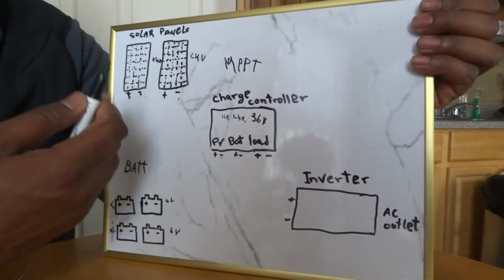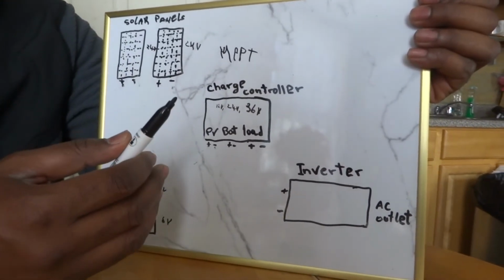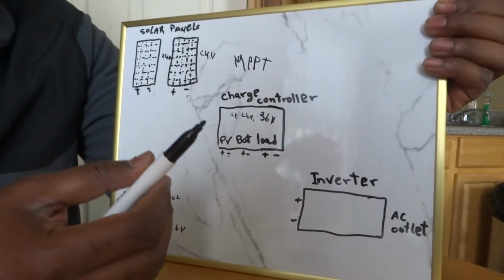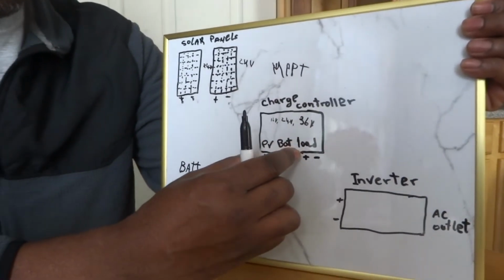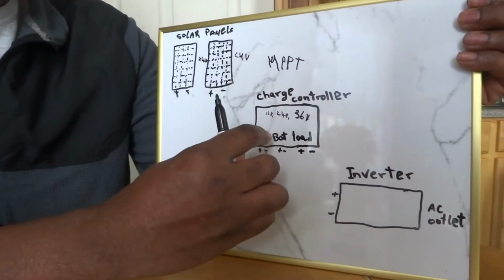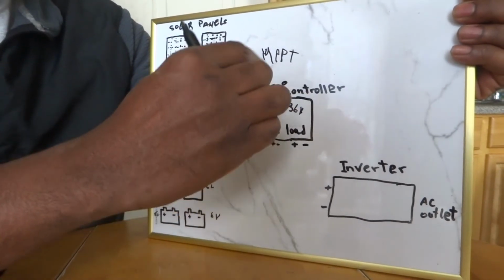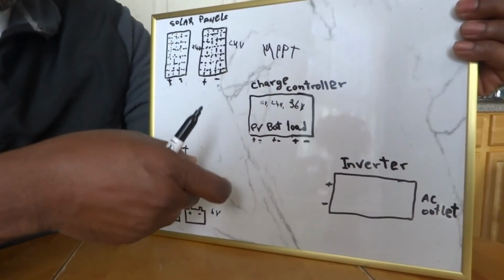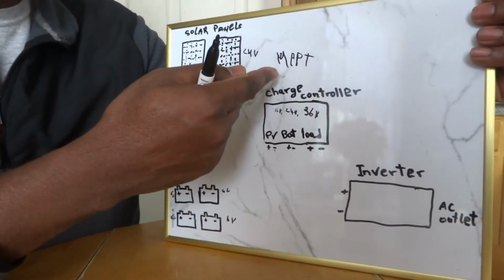It's going to be way more, like 36 or 30-something, most likely 36. The charge controller will regulate that excess voltage for the MPPT, and convert it to amps, to current. So that's the good thing about MPPT charge controllers.